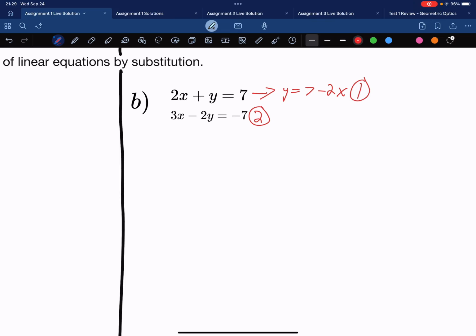So now I'm going to sub equation 1 into equation 2. So what that will look like, we write equation 2 normally, but instead of writing y, I will write what y is equal to in equation 1.